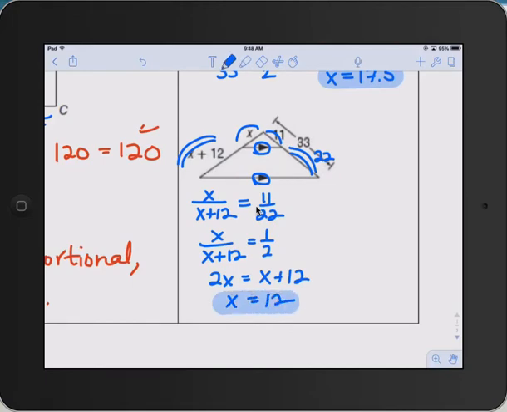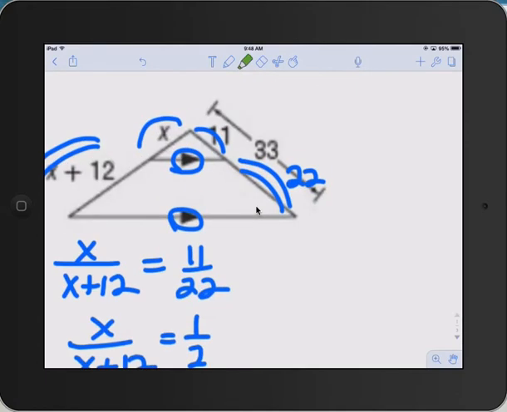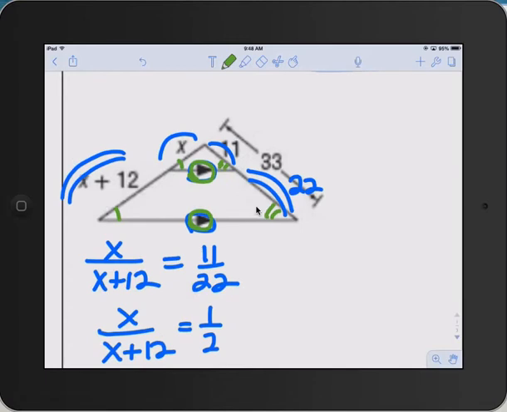Now, your other option is to say, let's use similar triangles. This is another way of doing it, which would also work. The triangles are similar because angle, angle. Again, requiring that those are parallel in order to make those corresponding angles congruent. So the triangles are similar by angle, angle, which means that x to the whole side length, which is 2x plus 12, is the same ratio as 11 to the whole side length, which is 33.